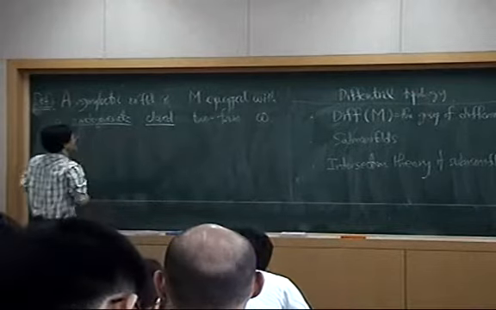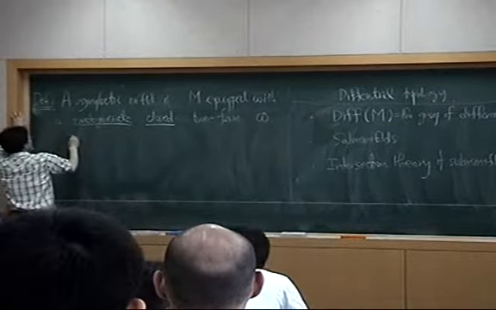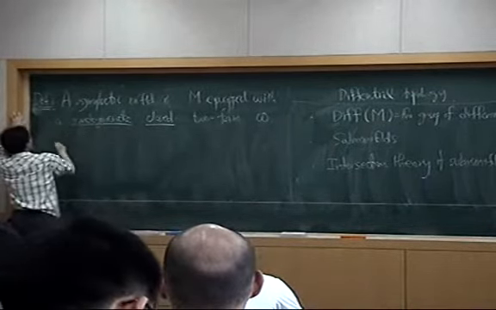This omega is sometimes called the symplectic form. Omega is called the symplectic form.